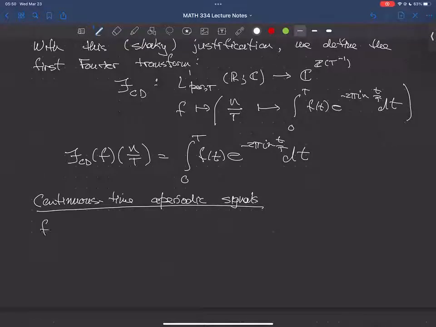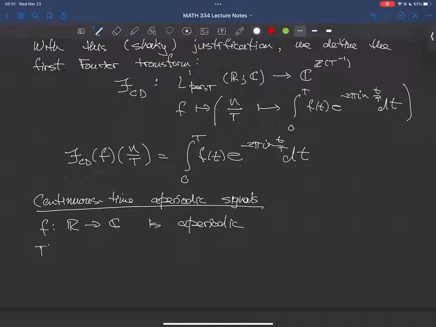And so f from R to C is aperiodic. It has to be more than that, but let's not get into the technicalities right now.